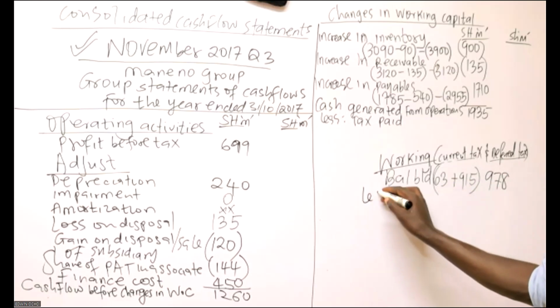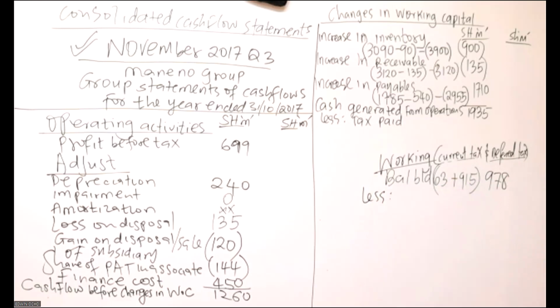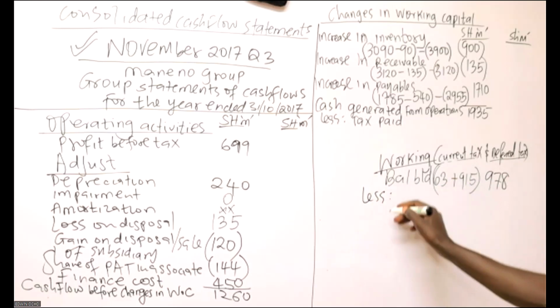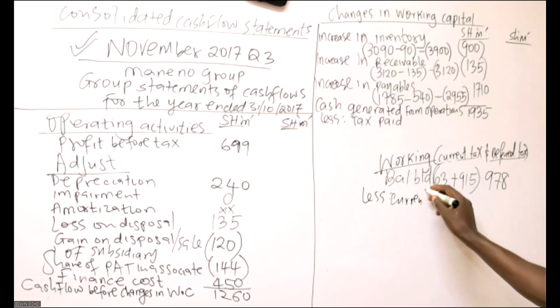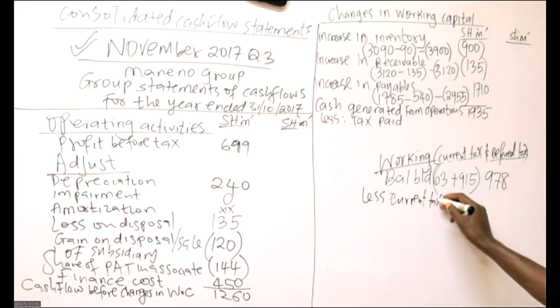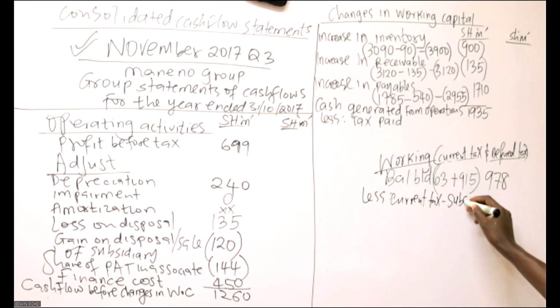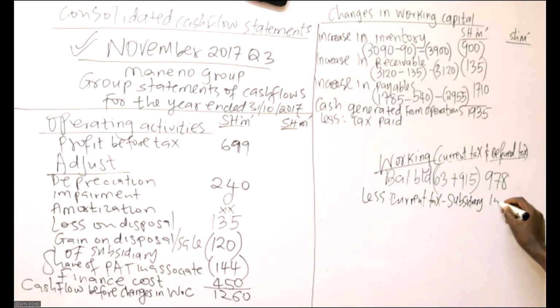Then here we raise the tax on the subsidiary which was disposed, the current tax for the subsidiary which was disposed. So it's 15. If it's disposed, remember we minus. So at that point we have 963.